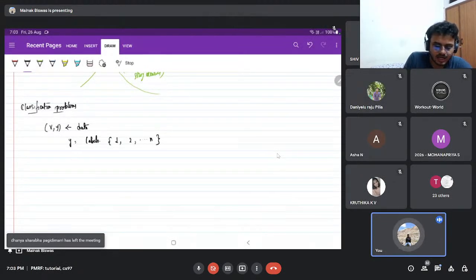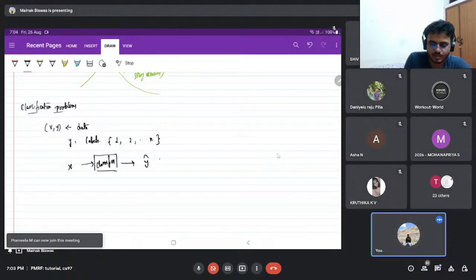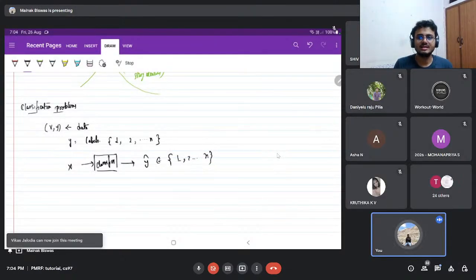So the task of the classifier, we have already seen this in decision trees and Bayesian learning, is to input x and predict y hat belonging to 1 to n. So which class does this current sample belong to?